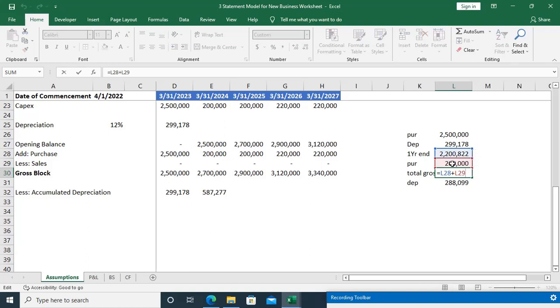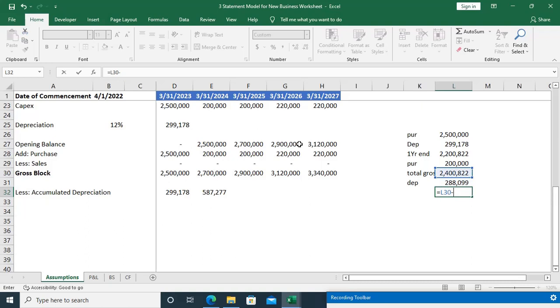You can see first year plus purchase, first year end plus purchase. So this was your total gross. Then gross block, you can see here and here also total gross block. I charged a simple depreciation amount on what? On this total gross block multiplied by this 12%. I got the depreciation. Now what should be the net asset value?